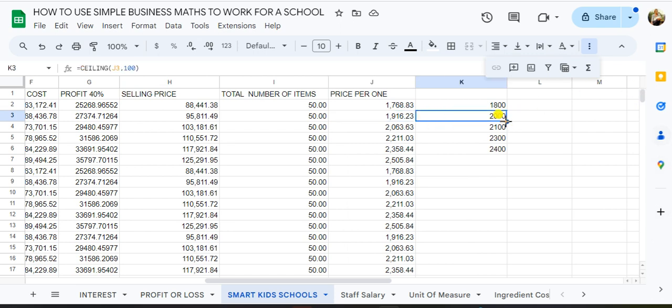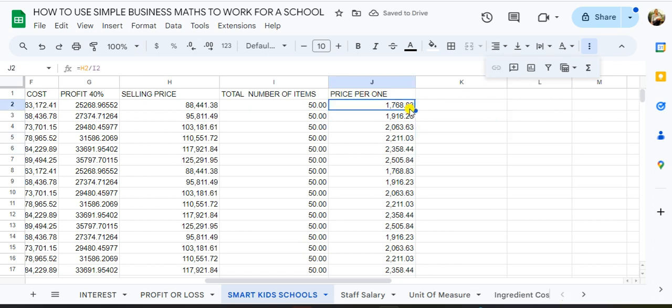Don't worry, this is not part of the data for now. So they are going to sell to primary one students. Each of them will buy their school uniform at 1,768 naira 83 kobo, and so forth and so on.